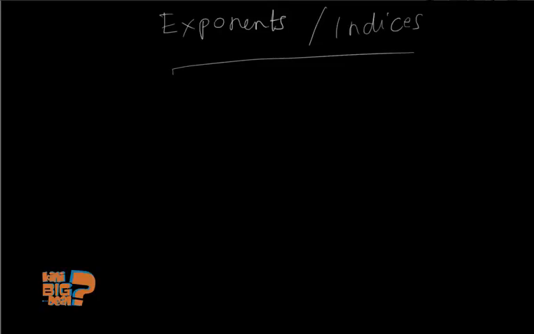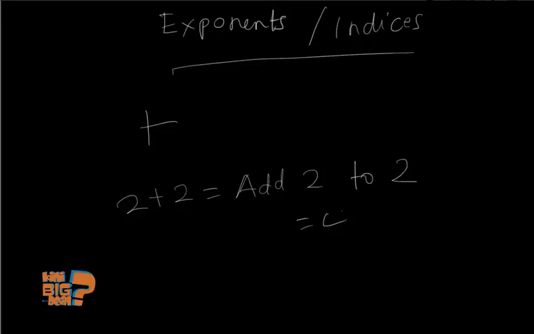Generally, exponents and indices are like any other operation, the way you have plus. Once you see plus and someone gives you 2 plus 2, you already know they want you to add 2 to 2, which gives you 4.